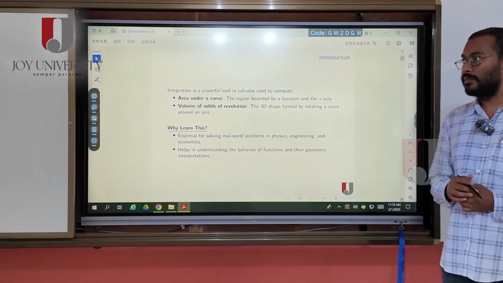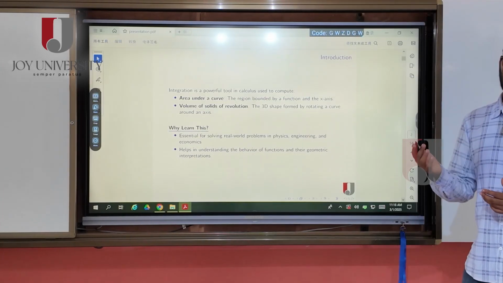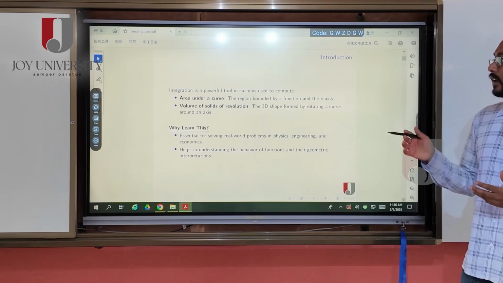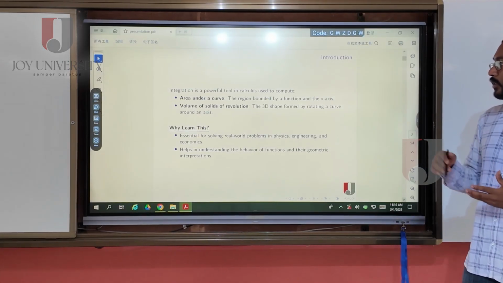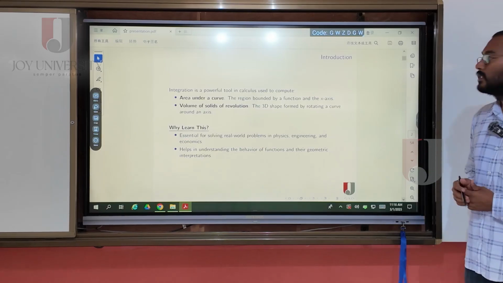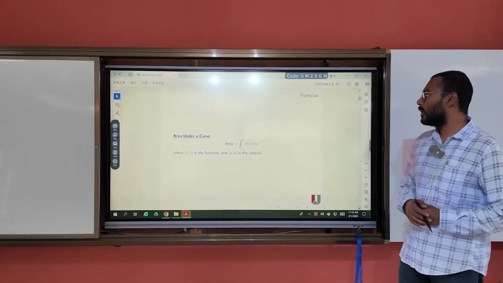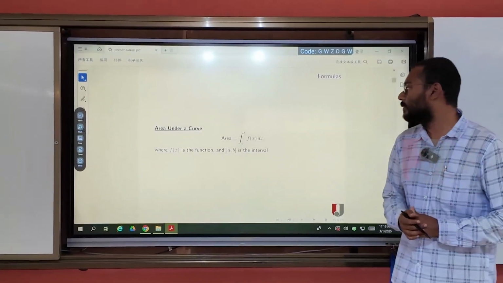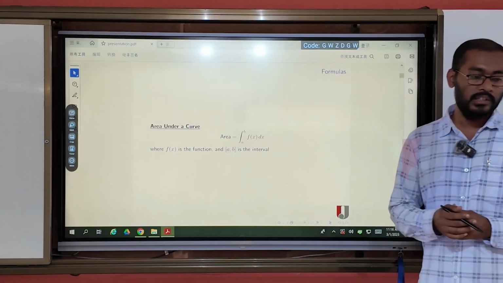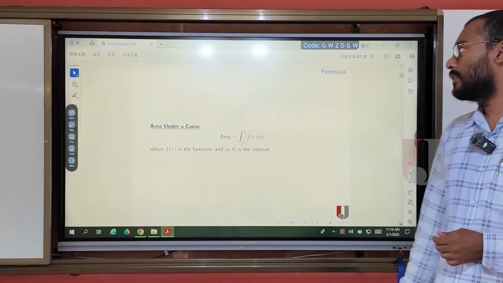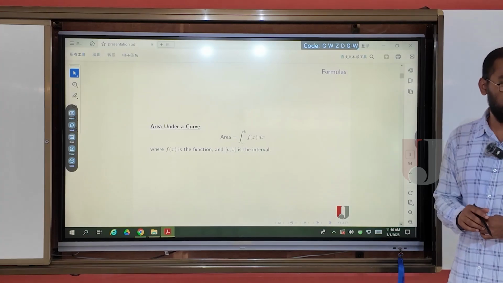Because of area under a curve, how the curve moves, how the curve behaves under some geometrical concept, can be discussed from this topic. The main formula is that the area is defined as the integral from a to b of f(x) dx. Before starting, the main necessary concept is that the function f(x) must be a continuous function.